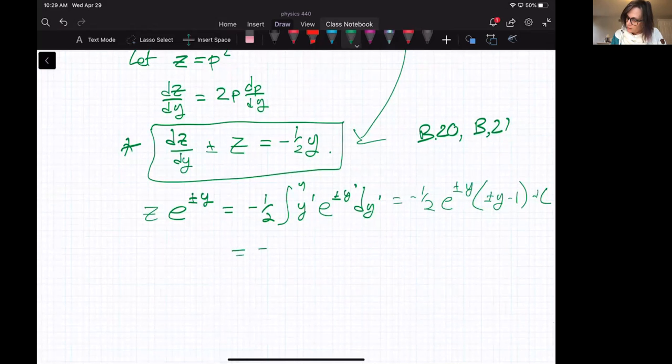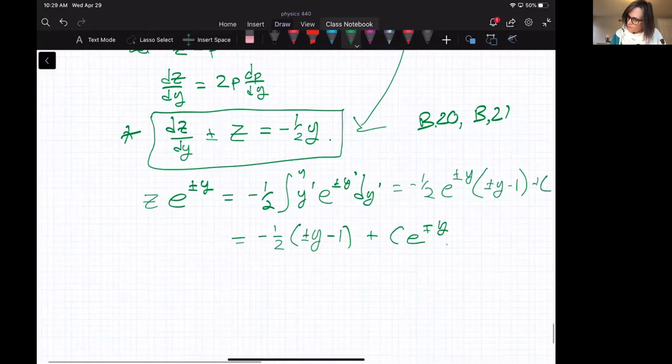And if we expand that out, that's equal to minus 1/2 times plus or minus y minus 1 plus c, e to the minus or plus y. So that means if we solve for z, we get 1/2 y plus 1 plus c e to the y.